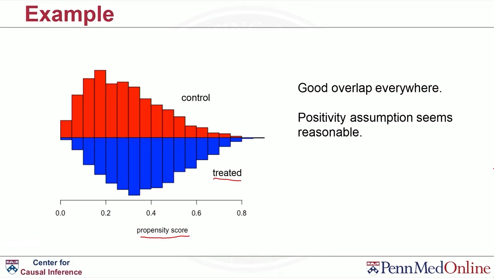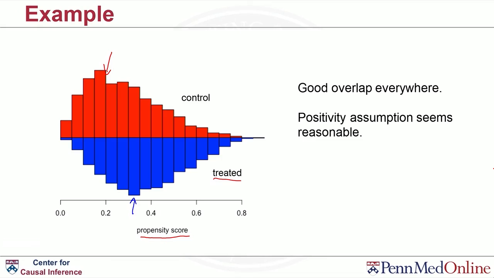So the peak of the propensity score distribution for the treated group is about there. So they have a higher probability of receiving treatment on average, compared to the control group, which has a peak that's a little lower. So this is what you would expect, right? Because the treated group, you would think on average would have a higher probability of receiving treatment.